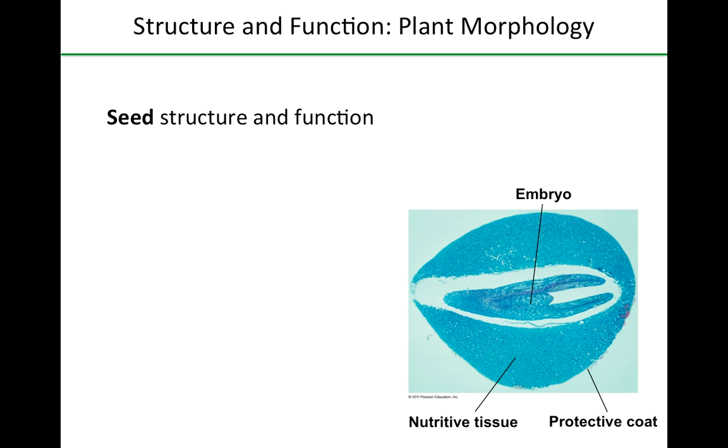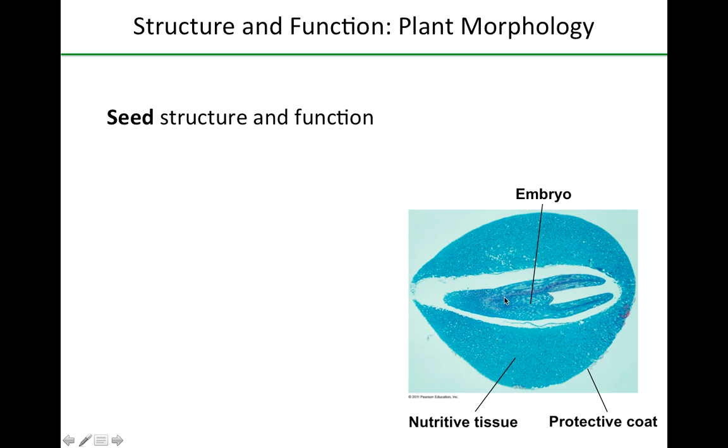So just the basic structure of a seed. This is a cross-section of a seed that's actually been stained, so the seed is not actually blue, but this is a stain to show you the different parts of the seed. So what you can see in the middle here is the embryo.